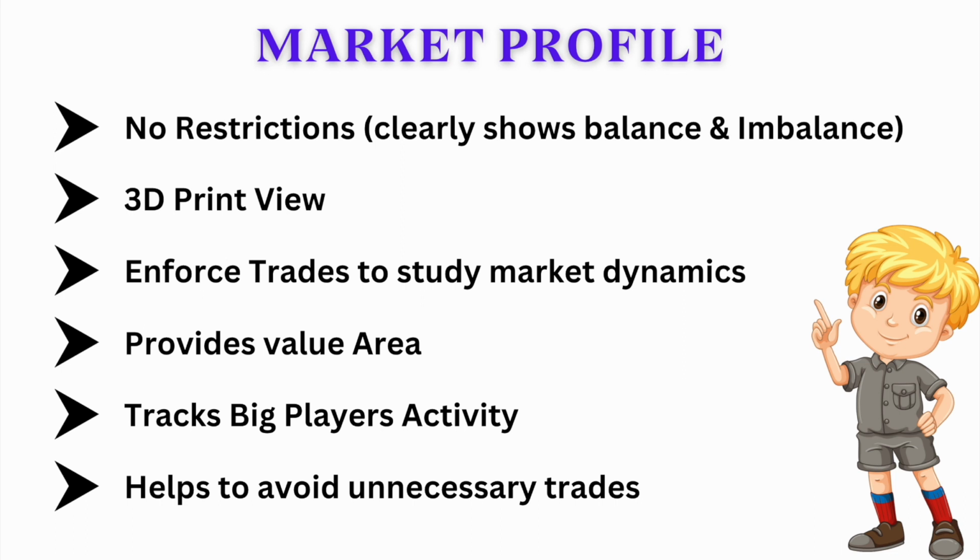Candlestick patterns provide only a 2D view, but market profile provides a 3D view. Market profile also forces you to study the market dynamics rather than giving importance only to price, because as you have seen, time is neglected in candlestick patterns. In our same example, I have shown you the rejection where the limit buyers have come.